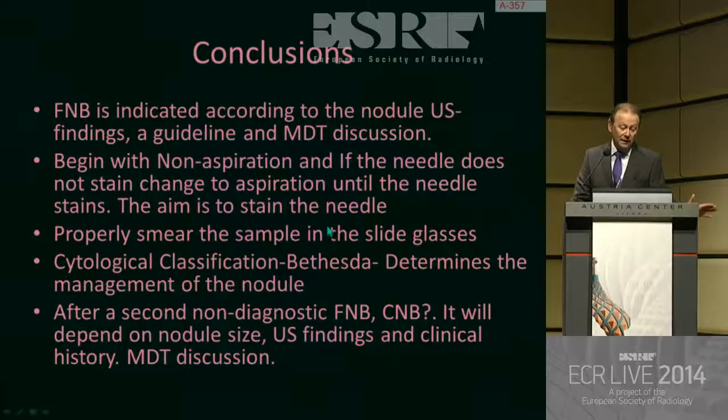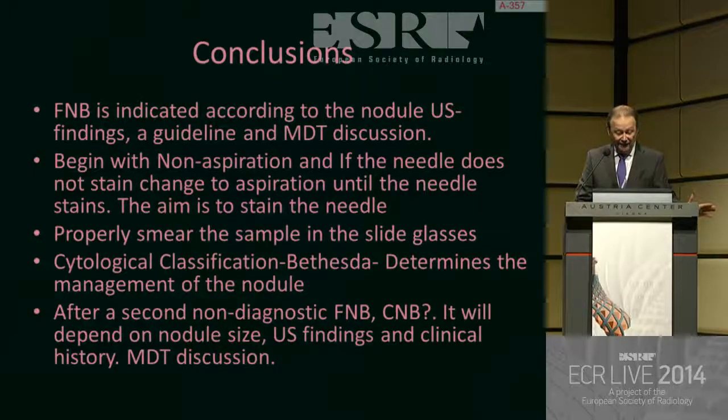So conclusions: FNB is indicated according to the nodule US findings, guideline, and multidisciplinary team discussion. Begin with non-aspiration, and if the needle does not stain, change to aspiration until the needle stains. Remember, the aim is to stain the needle. Properly smear the sample on the slide glasses.